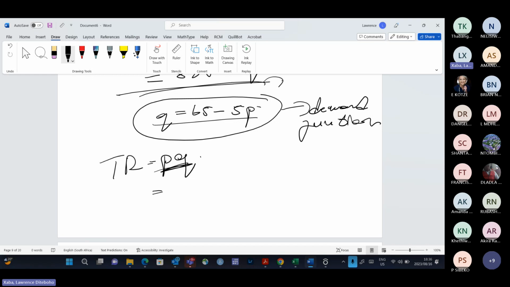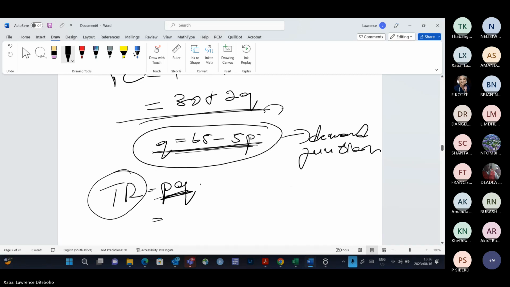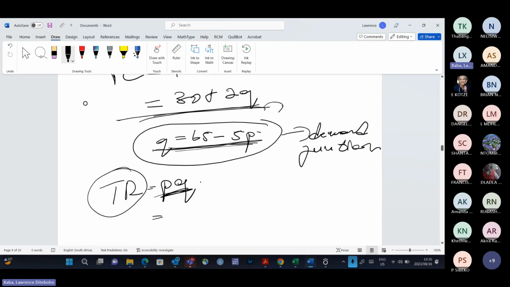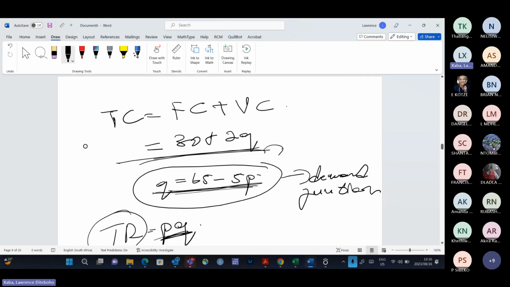So we know it's possible for us to derive a total revenue function given a demand function, where TR is equal to P times Q. Looking at the demand function, we could substitute where we see Q. But the term we need to find is Q, because the total cost function is made up of 30 plus 2Q.